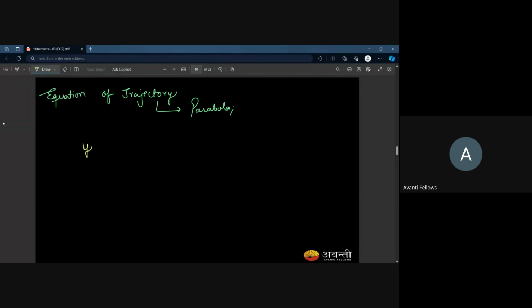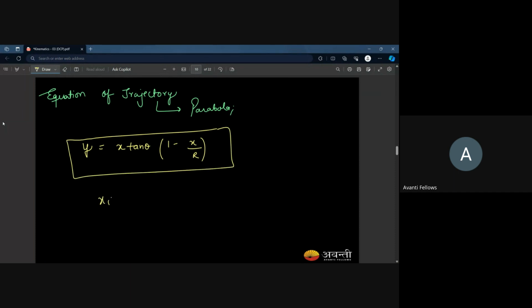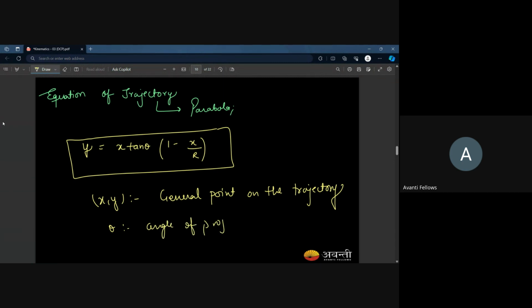Not the derivation, just the expression: y equals x tan theta times 1 minus x by R, where x and y are a general point on the trajectory, theta is the angle of projection, and you already know what R is. Is that okay? Yes, ma'am. Cool.